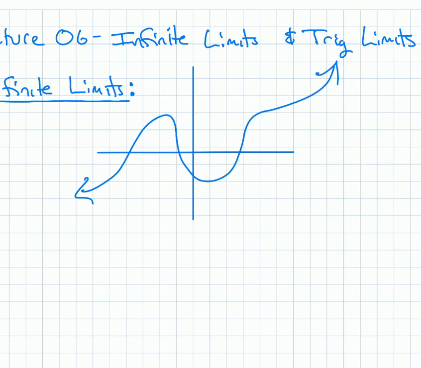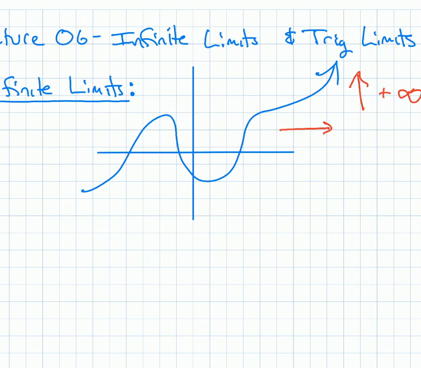Like you head out to the right and the function goes up forever. If it increases without bound like that, you might say the function has a limit of plus infinity.